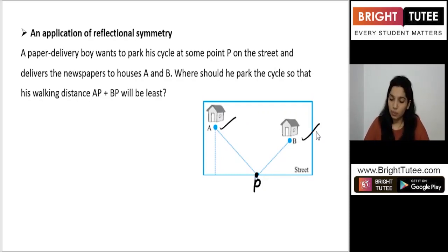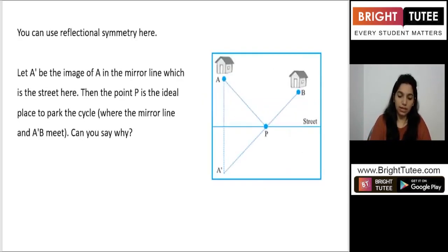Okay, now let us use the method of reflection to see where he can park his cycle, right? So you can use the reflectional symmetry here. Let A dash, here we have put a point A dash, be the image of A, that is the house that we have, right? Then the point P is the ideal place to park the cycle.